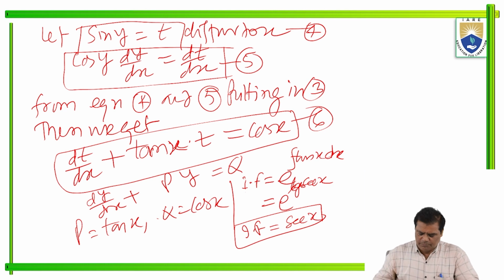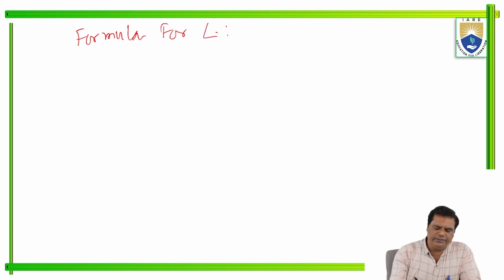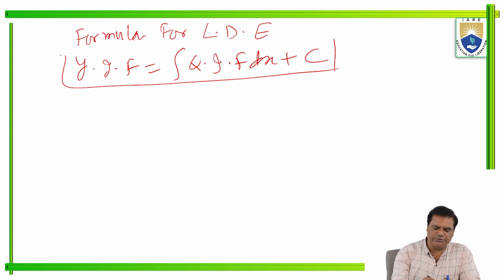Now applying the formula for a linear differential equation: y into IF equals integration of Q into IF dx plus c. This is the formula for a linear differential equation.